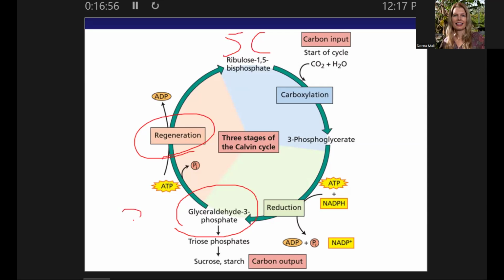So you have 3 carbons and you have to get to 5 carbons in order to get this to happen. So this pie chart makes it look like maybe they're fairly equal in complexity, but it's actually the regeneration phase that is most complex in terms of the amount of reactions going on there. So we're gonna need to work through that a little bit.